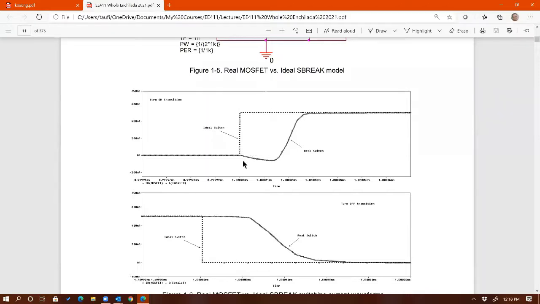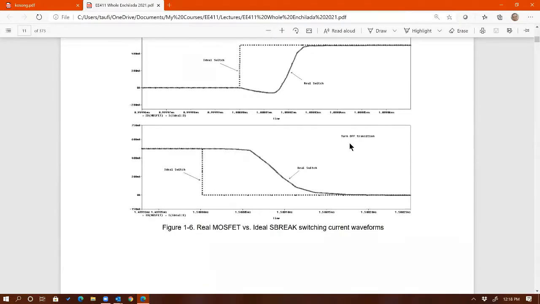It's still fast, relatively speaking. If you look at the time here, it is a microsecond type of transition. But no matter how fast it is, the point is that it is not instantaneous compared to the close to ideal switch, which is the S break that I used in that simulation. So that's turn on. Turn off is the next waveform. Same way, the S break transition is really fast, like a step, jumping from high to low really quickly.